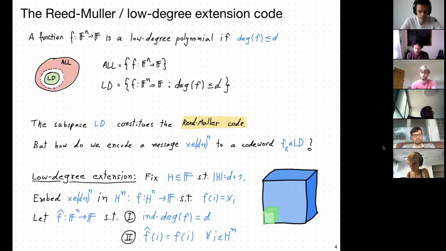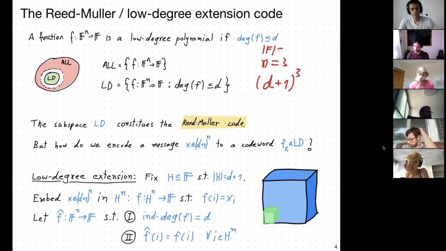So suppose that we're thinking in 3 dimensions. I'll fix d, and (d plus 1) to the 3rd would be the total amount of points that we have. And now we choose the field size to be, let's say, 10 times the degree.